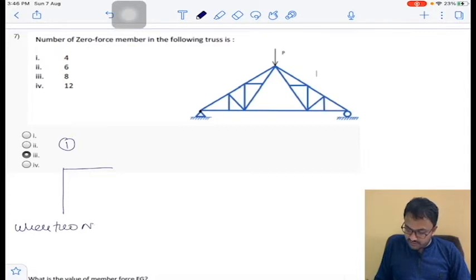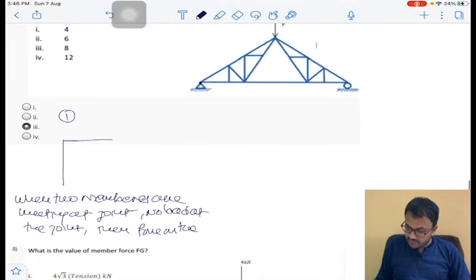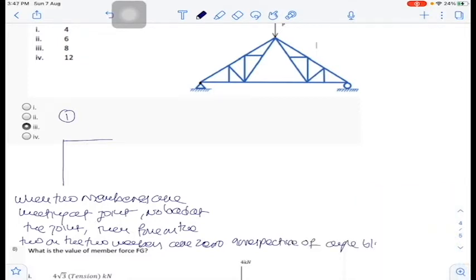When two members are meeting at a joint, and no load at the joint, then force on the two members is 0, irrespective of inclination, irrespective of the angle between them.